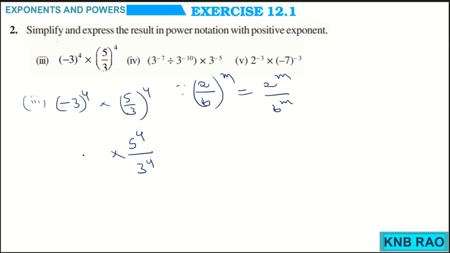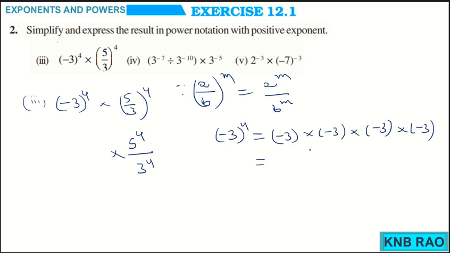expanded. You know, minus 3 whole power 4 is just nothing but minus 3 multiplied by itself 4 times, where if you observe, the negative sign is multiplied by itself 4 times. So minus into minus gives you plus, plus into minus becomes minus, and that minus into minus gives you plus.